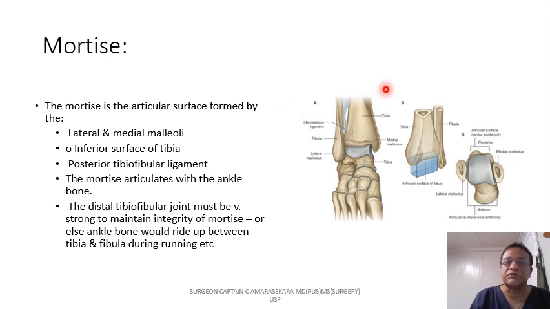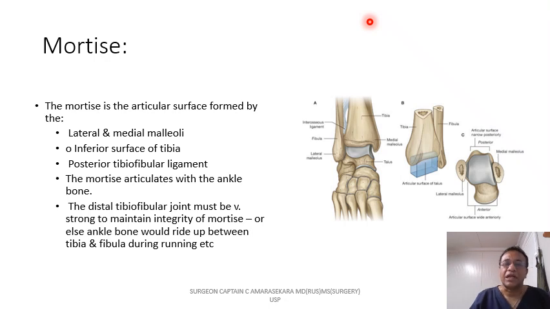We saw in the previous slide how the posterior tibiofibular ligament is located. It is a very strong ligament. It supports the stability of the ankle mortise. So this joint must be exceptionally strong.